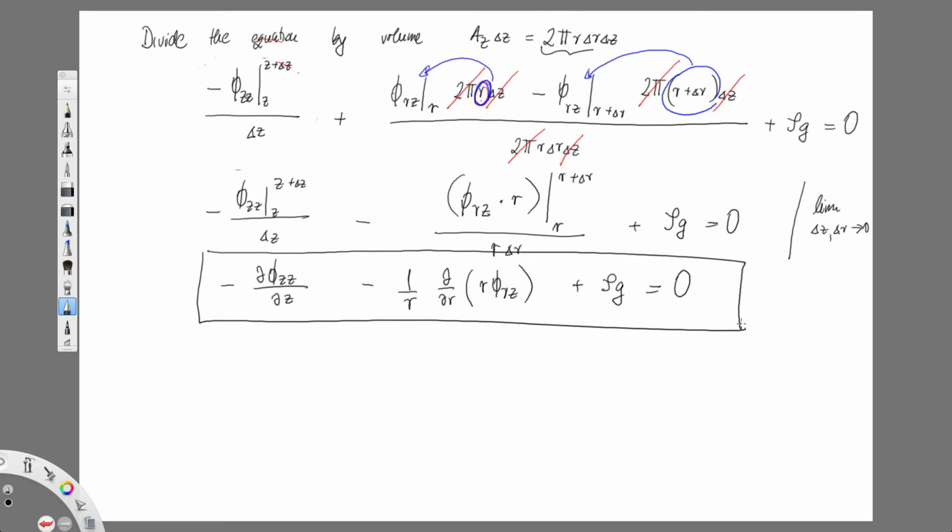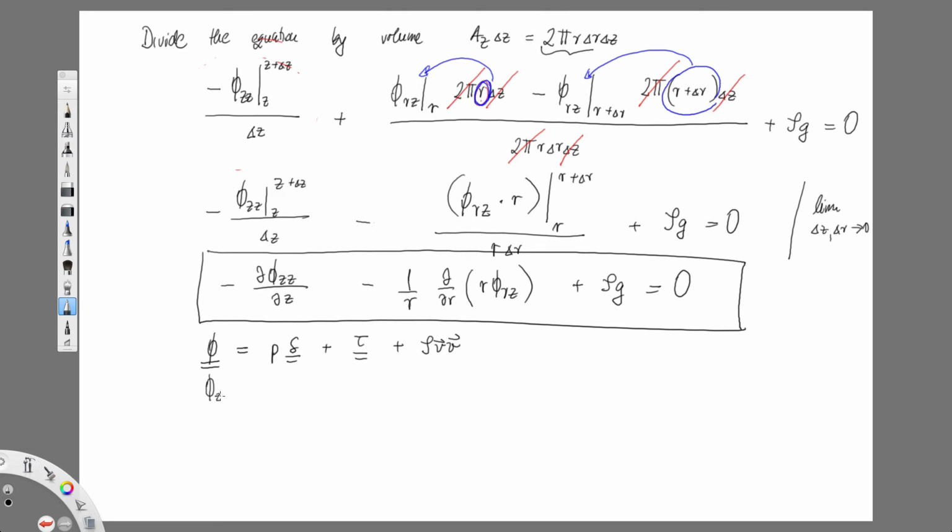Now it's time to resolve what all of these phis stand for. I know that my tensor form for my combined momentum has a pressure term, a viscous term, and a convective term. Again, all of these are tensors. I'm interested in two elements of this tensor, phi zz and phi rz.